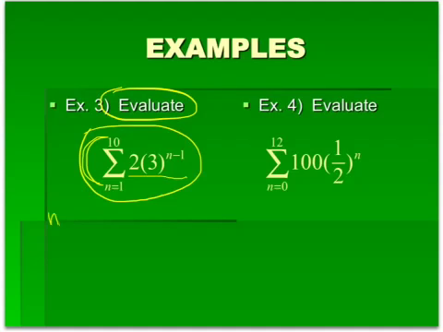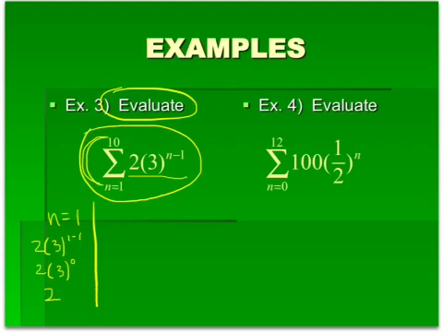To find my first term, that means n would be 1. I would put 1 into this, and so that would give me 2 times 3 to the 1 minus 1, which is 2 times 3 to the 0, and anything to the 0 power, except 0, is 1. So this first term is actually 2.